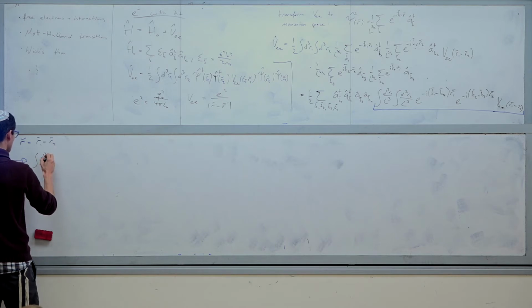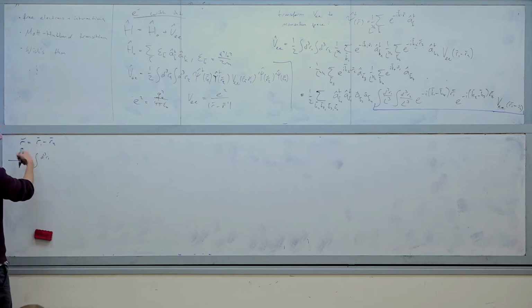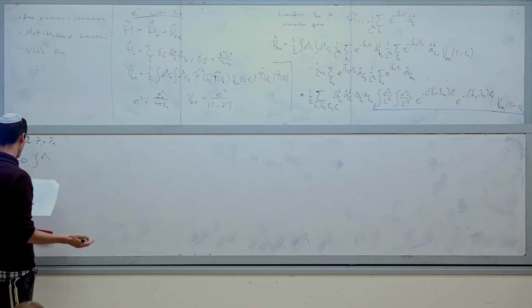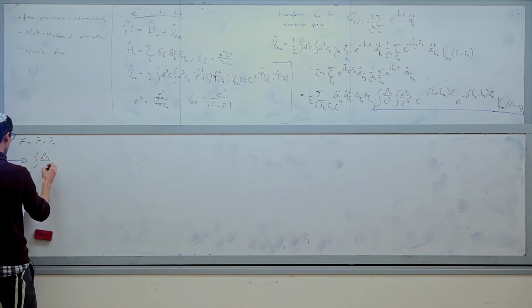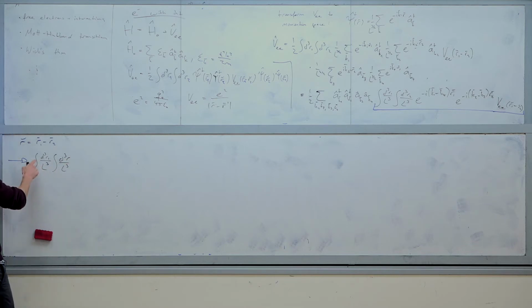So what is the idea? The idea is that instead of using R1 and R2, I can use R and R1. So it's a change of variables, and I still have 2 variables. And the Jacobian of this transformation is 1, so it's a very simple transformation. So there's an integral over d3r1 and d3r.